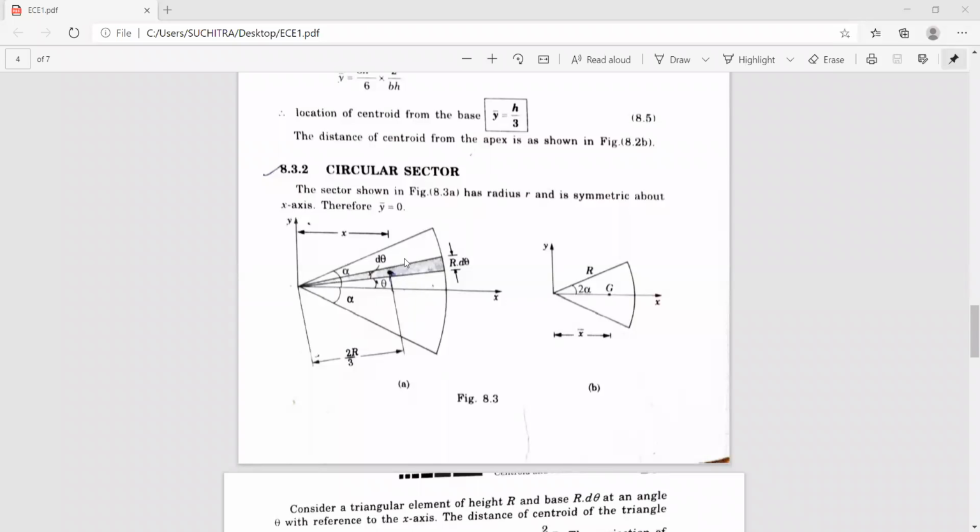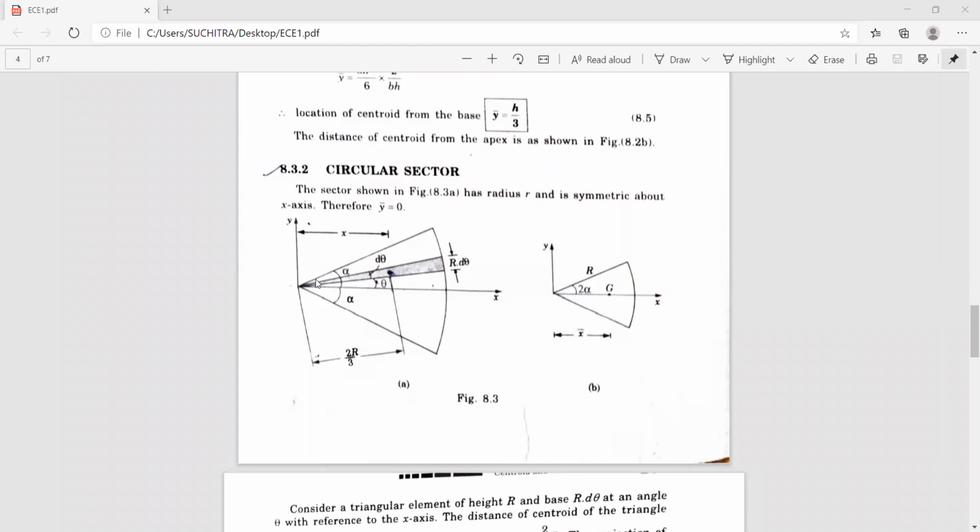On both sides it is the same, correct? It is symmetrical about the x-axis, hence obviously the y bar becomes 0. Suppose if it is symmetrical about the y-axis, then x bar becomes 0. So in our case, we have considered a sector of a circle which is symmetrical about the x-axis.